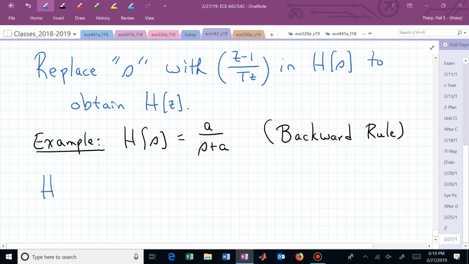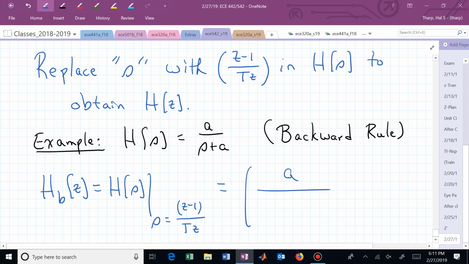H sub b of z is now going to be H of s, with s being replaced with this ratio, z minus 1 over Tz. We now have A over (z minus 1 over Tz) plus A.